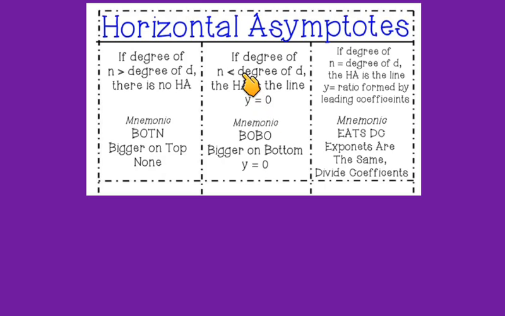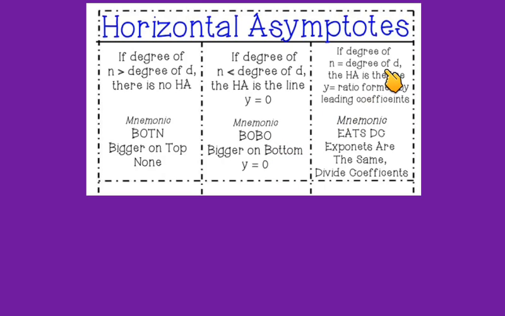So if the degree of the numerator is smaller than the degree of the denominator, then the horizontal asymptote is the line y equals 0. Here's the mnemonic. If the degree is bigger on the bottom, it's y equals 0.